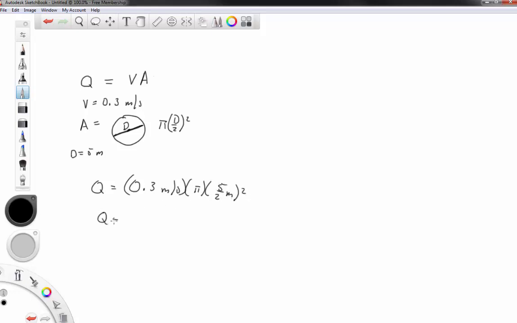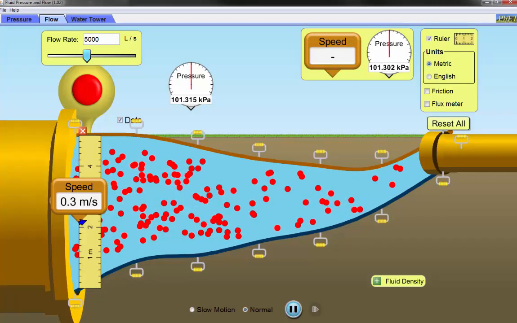If you plug all that into a calculator, 0.3 times pi times 25 divided by 4 gives us 5.89. So let's call that 6 meters cubed per second, which is the same as 6,000 liters per second.